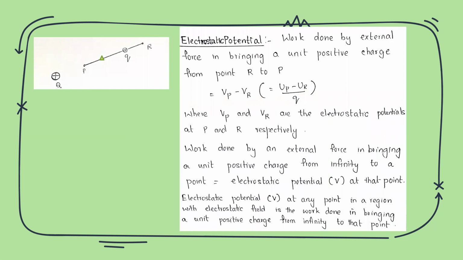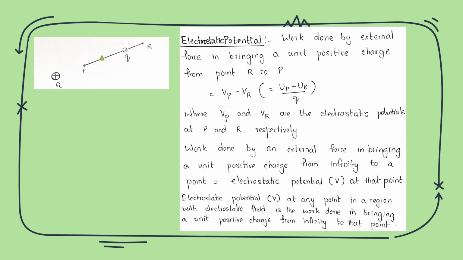Next, let us define electrostatic potential. We will go to the topic electrostatic potential. Work done by an external force in bringing a unit positive charge from point R to P. A unit positive charge. So far, I was explaining the work done to bring a charge small q.